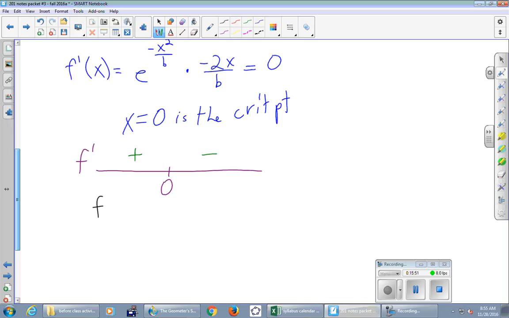That means that to the left of 0, what is f doing? Decreasing or increasing? It's increasing. And to the right of 0, negative derivative means f is decreasing, which makes 0 a what? Min or max? Max, right? Increasing and then decreasing. Great.